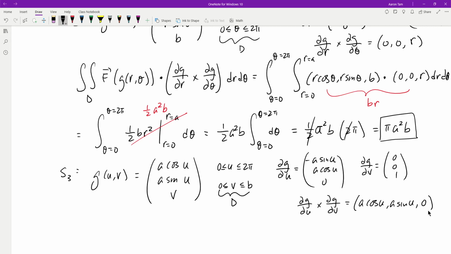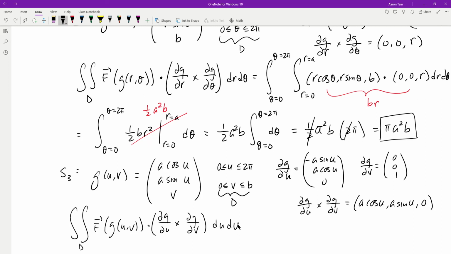Okay, so now I'm ready to form my integral. My integral for S3 would be this, du dv.